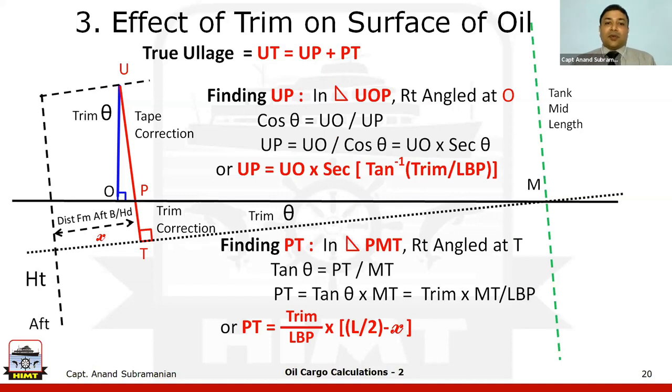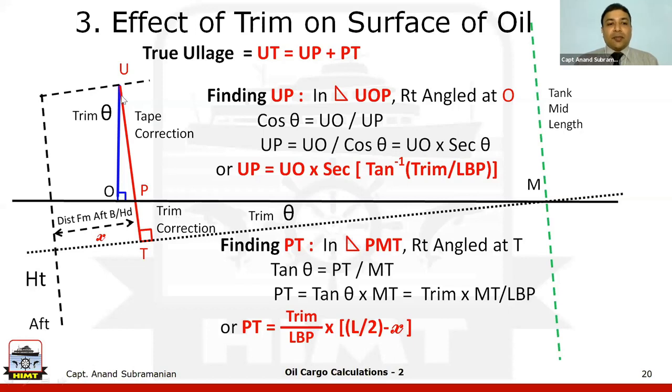One more thing I want to add is this UO, which is a sonic tape or a bob hanging vertical. Once we correct this UO to UP, that function is called tape correction. The correction which is PT happens because the ship is trimmed, and this correction is called trim correction.